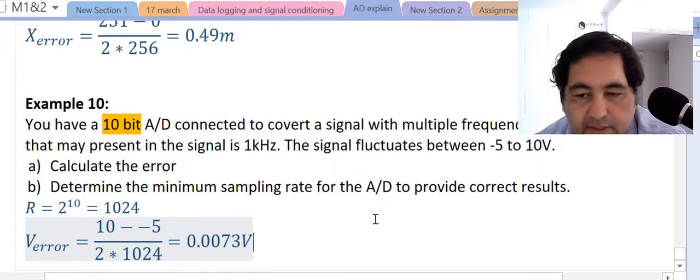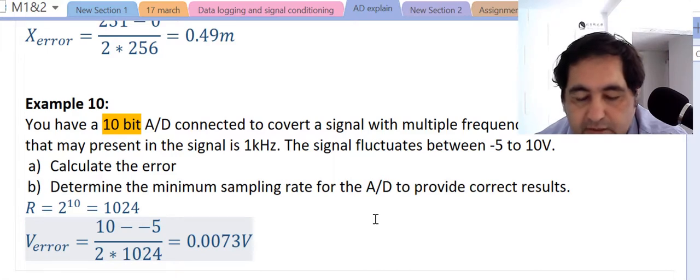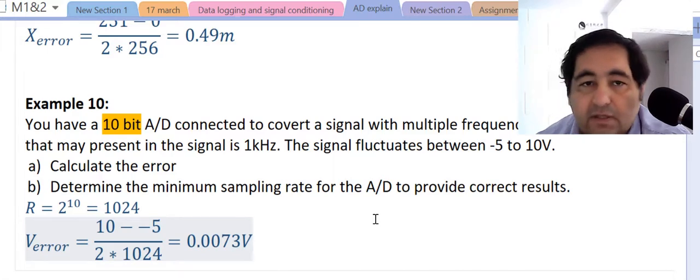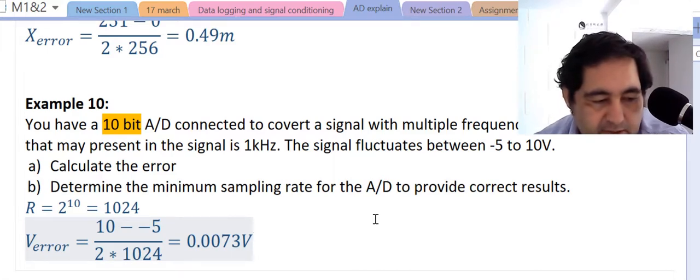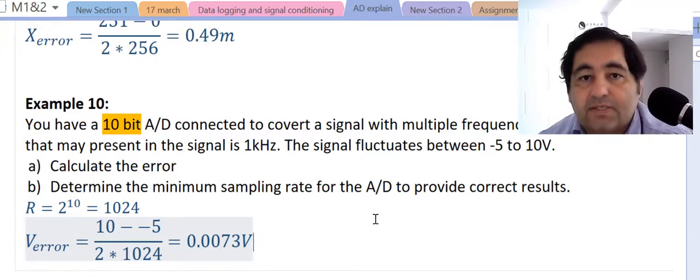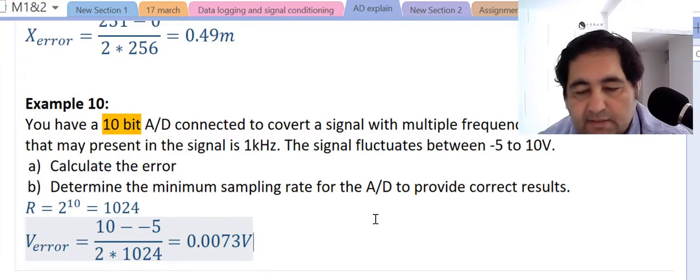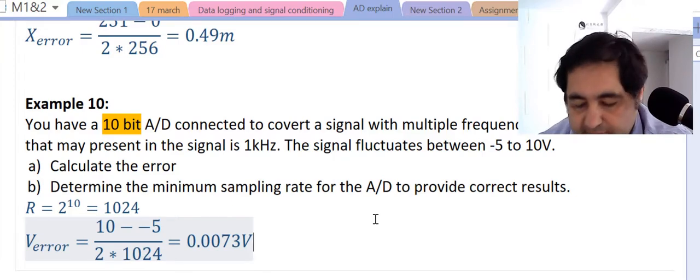So now the next question, and it's an interesting question, is how much would be the frequency? The higher the frequency is actually better, but there is a minimum frequency that could be acceptable, and less than that is not gonna be acceptable.